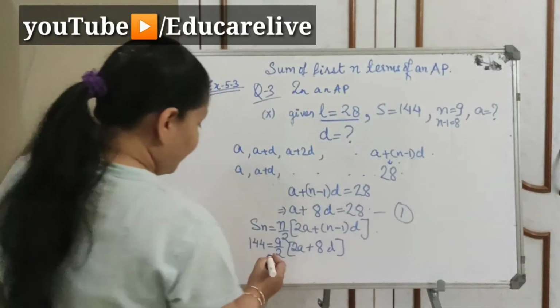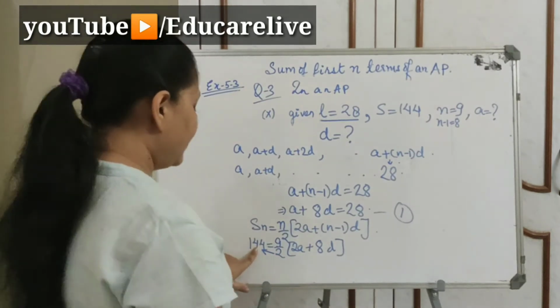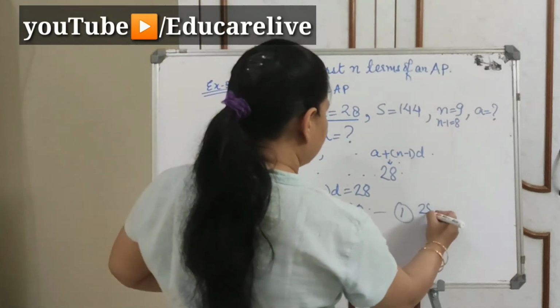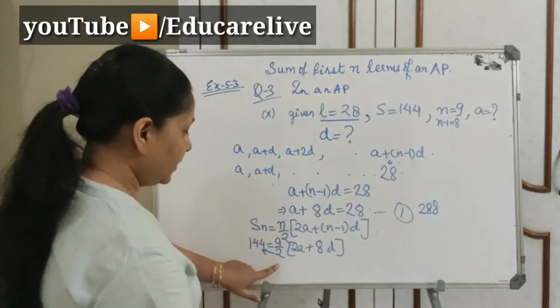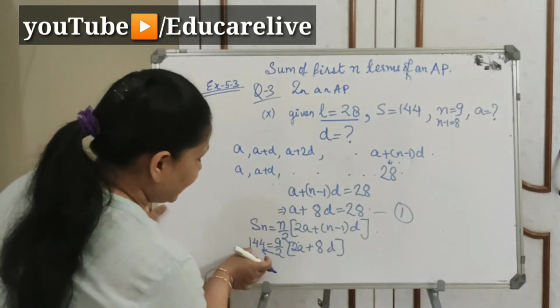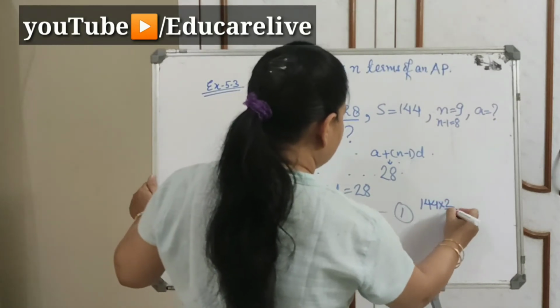We can further simplify this. This 2 we can transfer here, so it will get multiplied. Double of 144 will be 288. I am writing the same equation, 288. Now this 9 by 2 we can transfer here, so it will become 144 into 2 by 9.